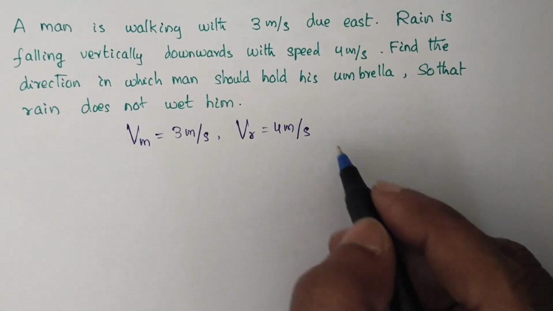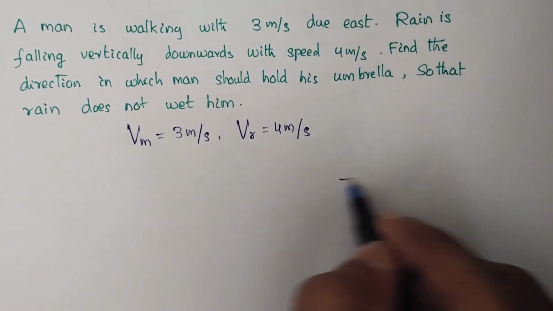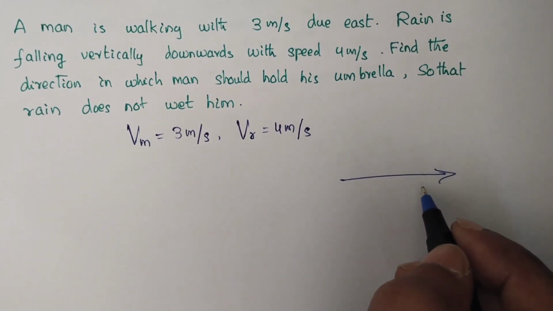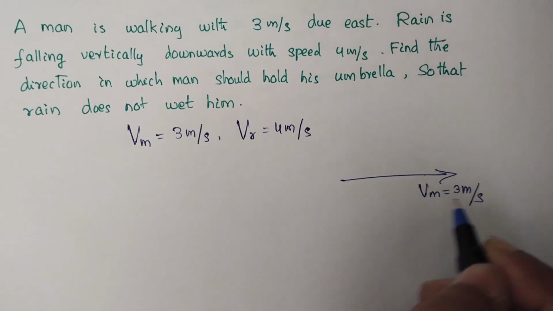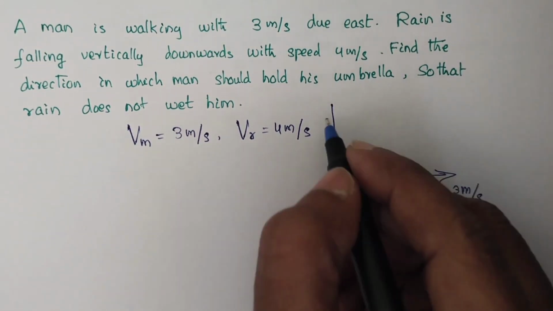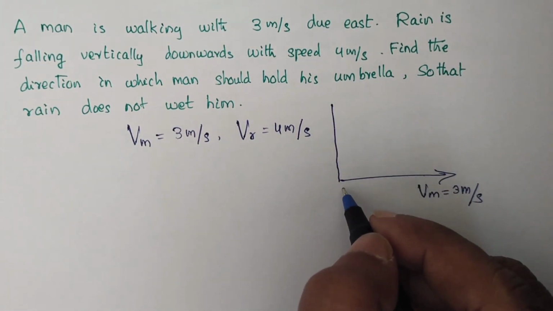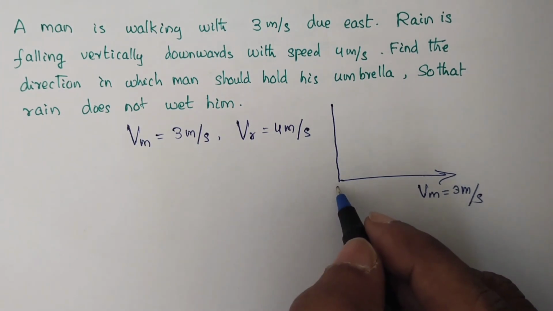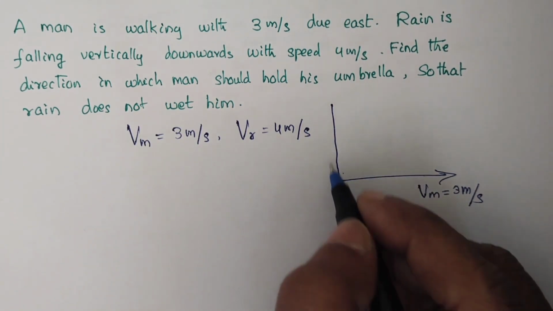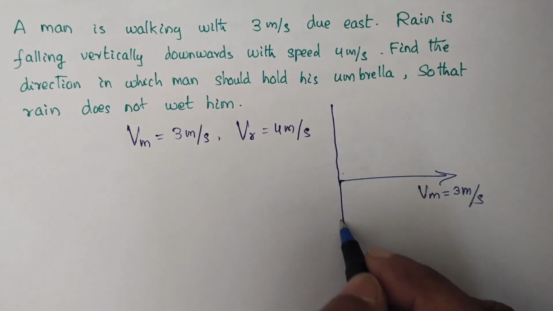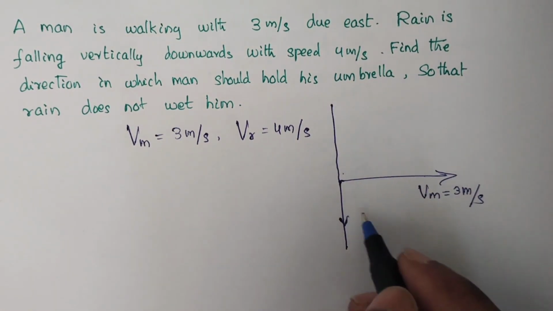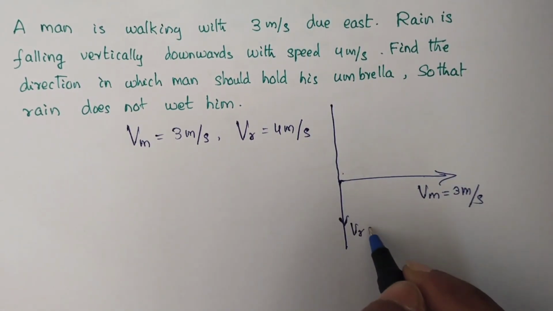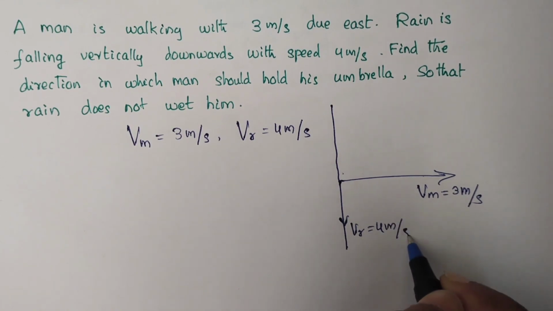So let us draw the diagram for that. Due east in this direction, Vm is equal to 3 meters per second, and the rain is falling vertically downwards, Vr is equal to 4 meters per second.